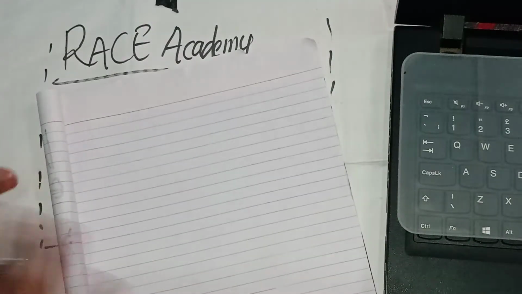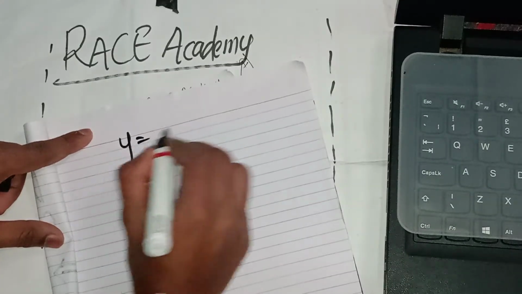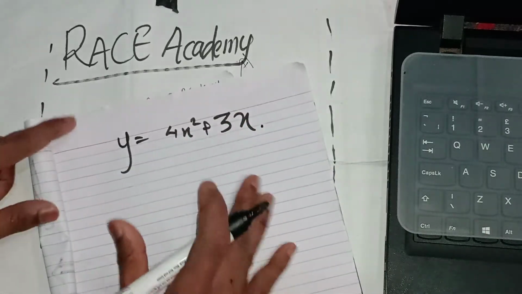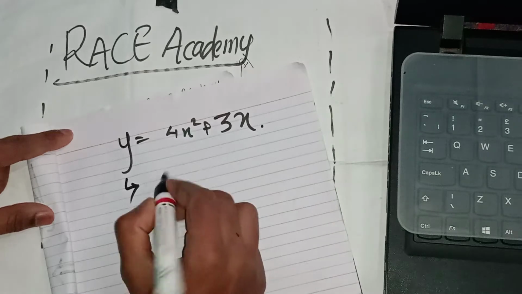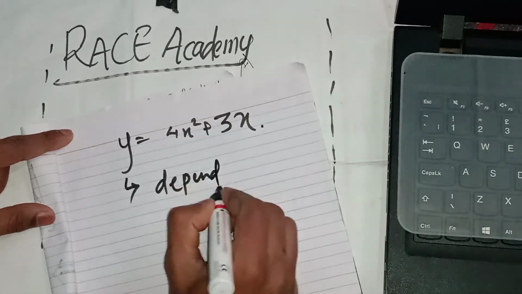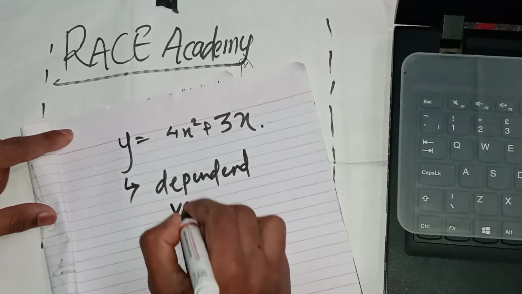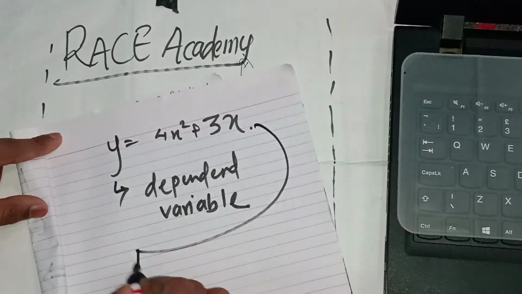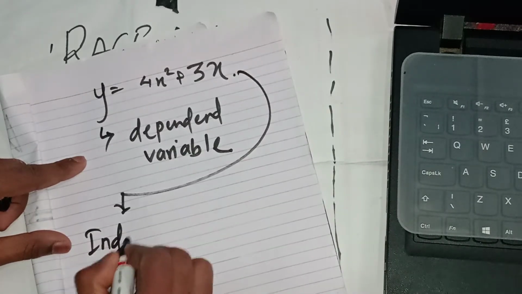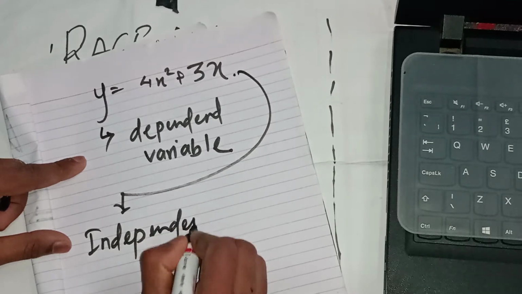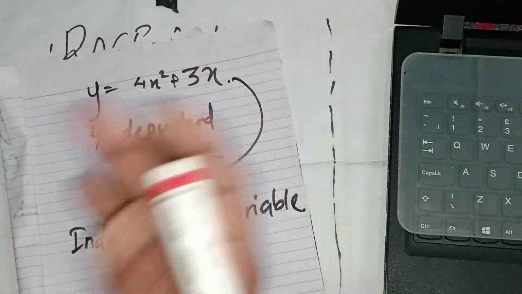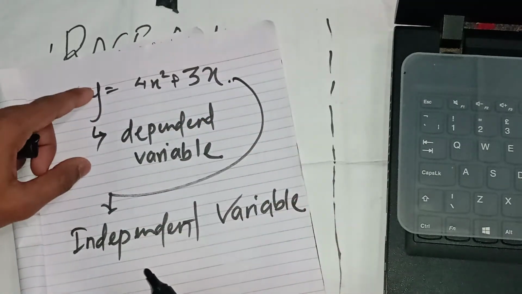Here is another example, for y and x. If the equation is given as y equals 4x square plus 3x, in this equation this y is a dependent variable, and this x is an independent variable. Why do we call x an independent variable and y a dependent variable?